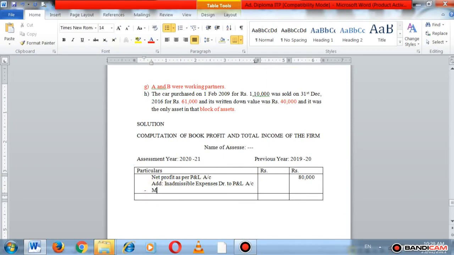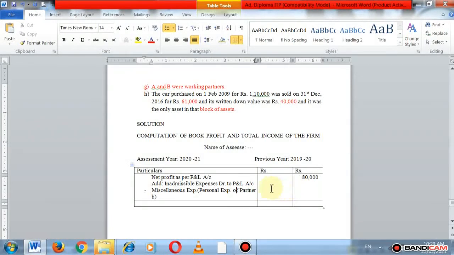So here miscellaneous expenses, in brackets, personal expense of partner B. Okay, personal expenses of partner B. Got it? Yes sir.